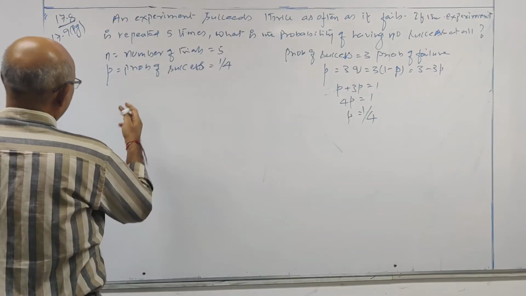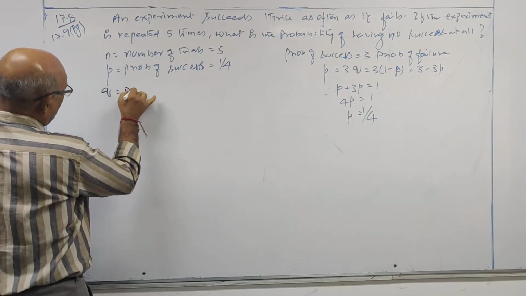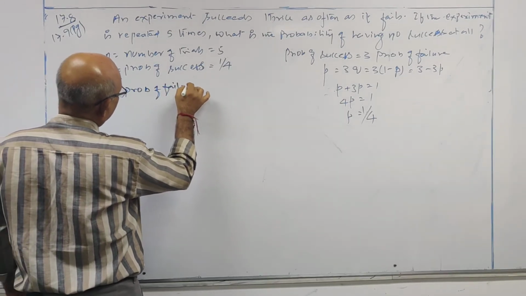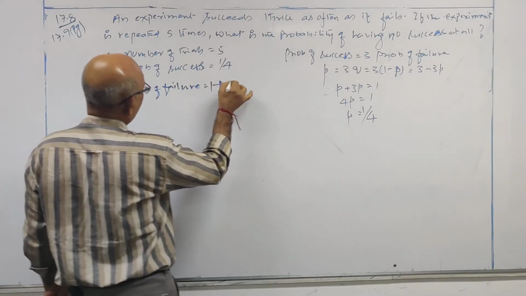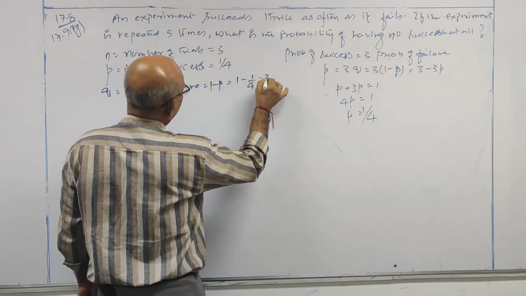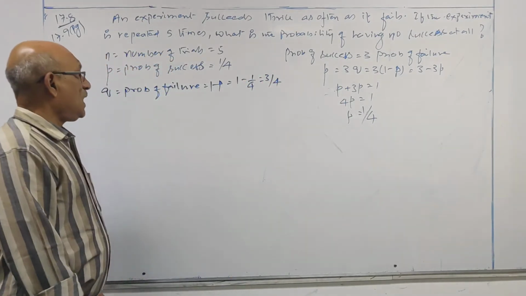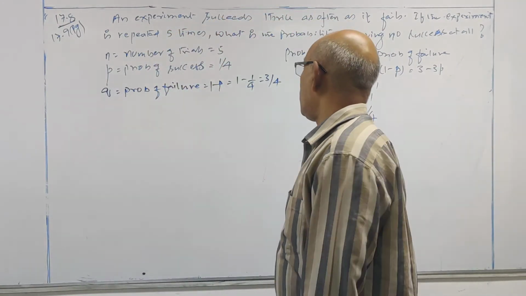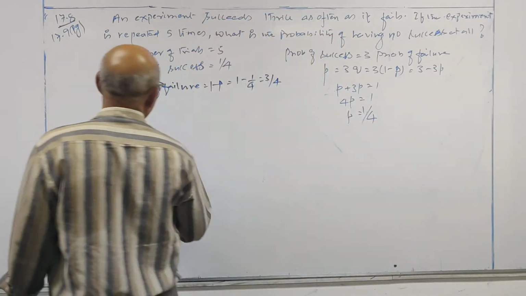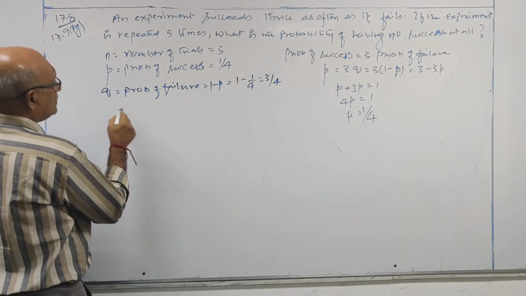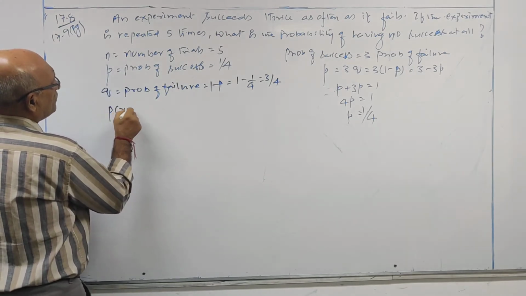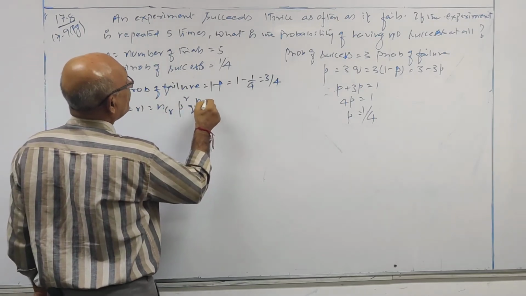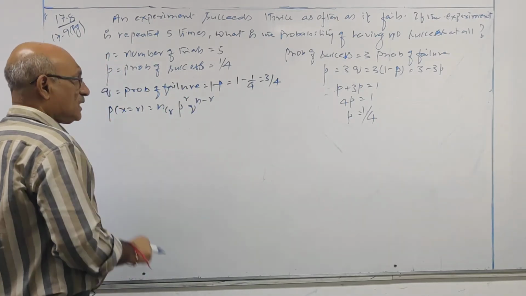Q is equal to the probability of failure, 1 minus P. This is 3 by 4. So the probability mass function is nCr P to the power of r into Q to the power n minus r.